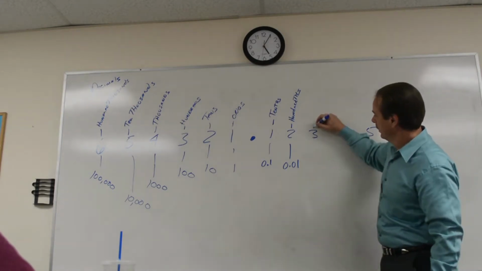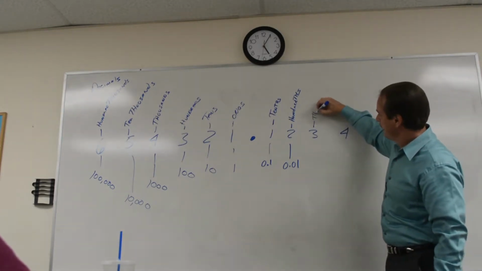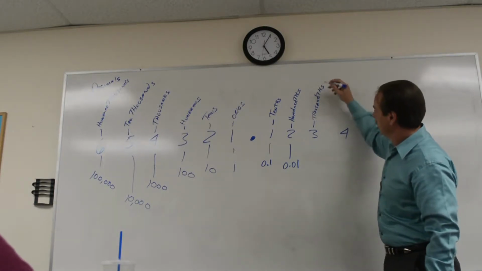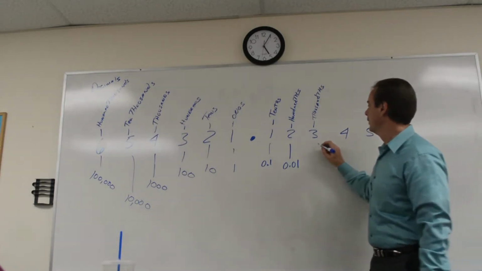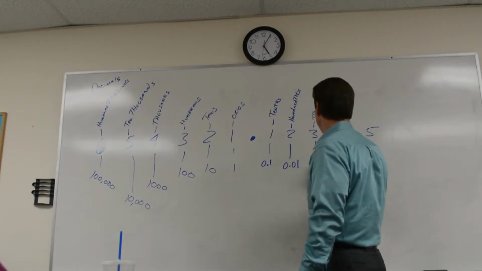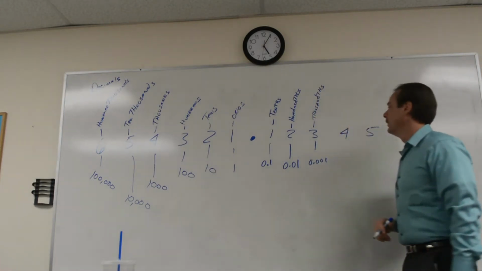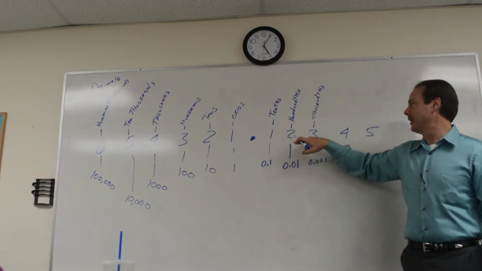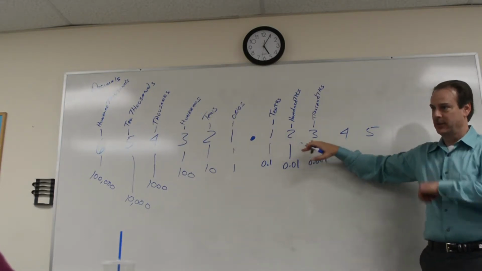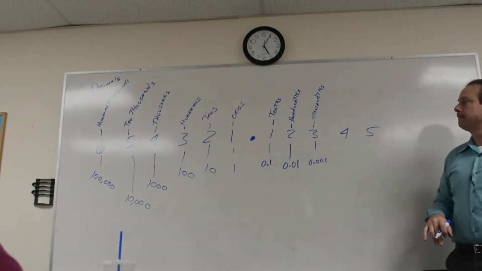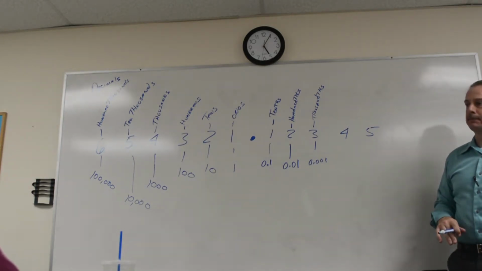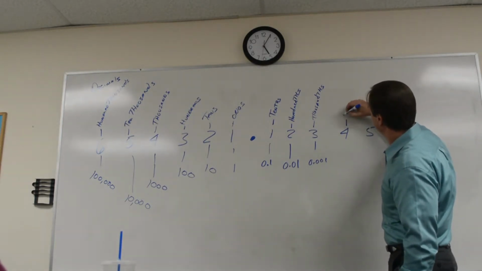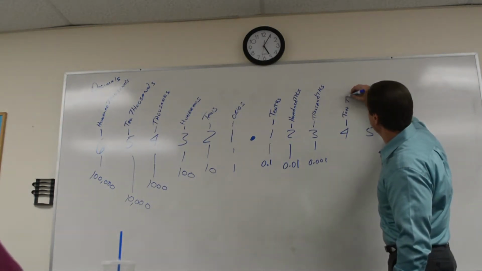How about this one? Thousandths with the TH again, and it would be 0.001. So if these were zeros, this would be 3 thousandths. Does that make sense? Mm-hmm. And the next one is 10 thousandths.